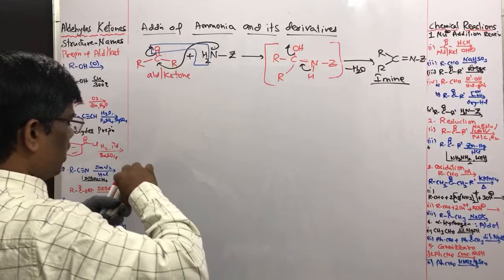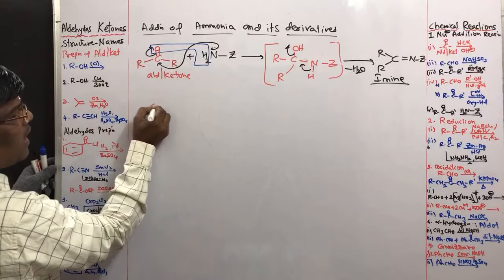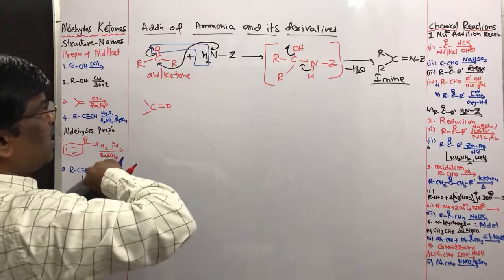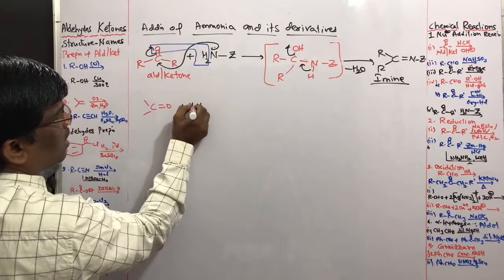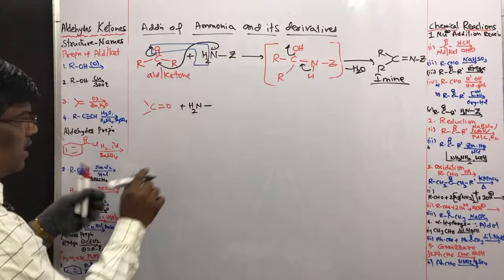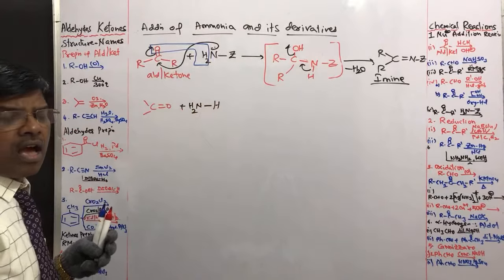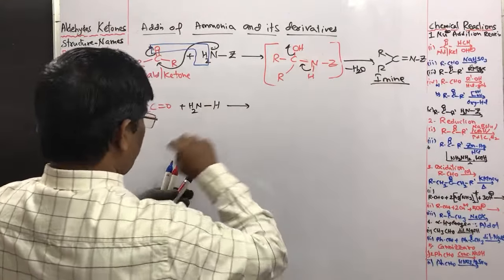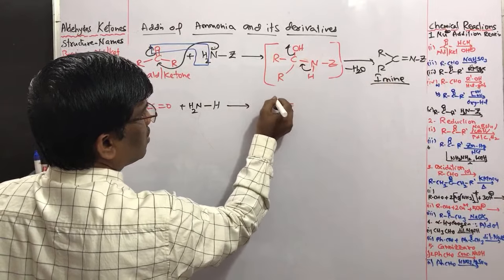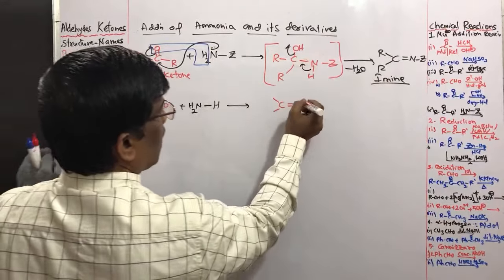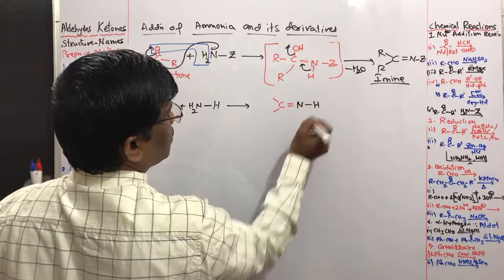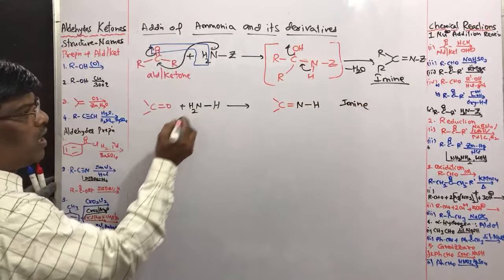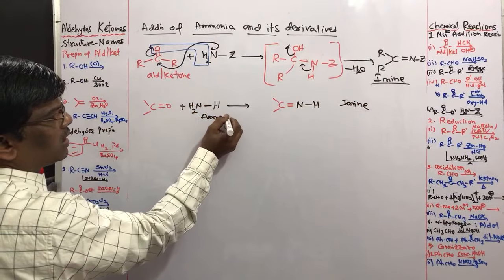So if I take ammonia here, I am not going to write R groups, plus ammonia, NH2Z, if Z is hydrogen, we are saying ammonia, right? So directly I will write this compound, R group and N, this is H. This compound is imine. When I use ammonia, I am going to get imine.